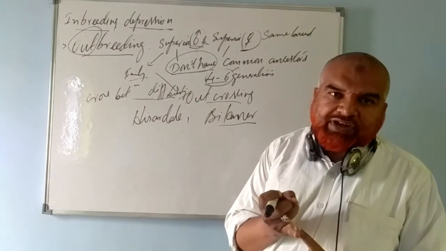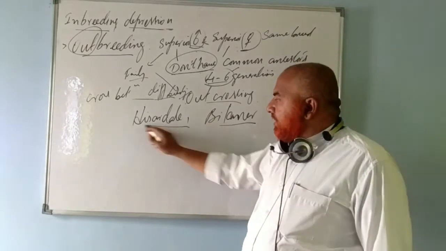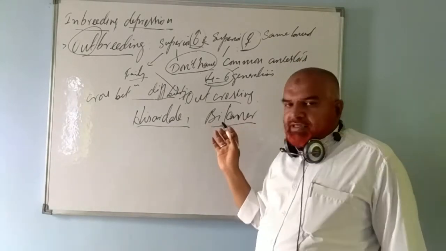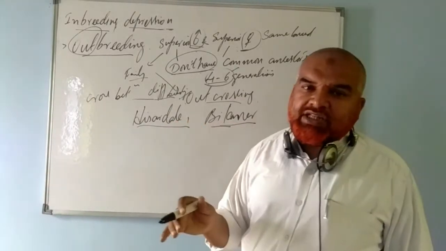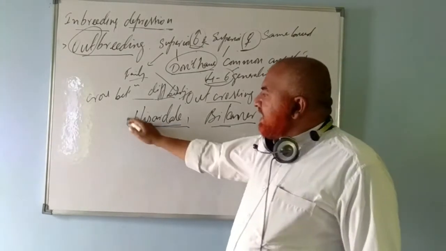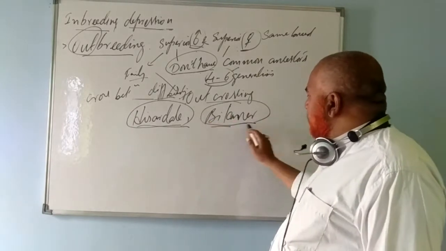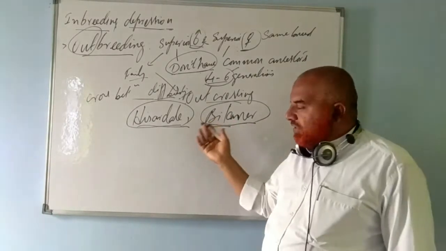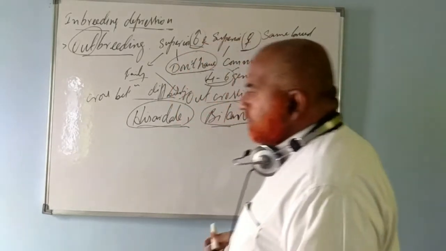Wool quality is also fine, and meat quality is also more. They are crossed with Punjabi males, with the North Indian males, with the South Indian females in the case of goat and sheep. Such breeds are known as Hisardale, or Bikaner breeds. This we are talking about the sheep and goat.